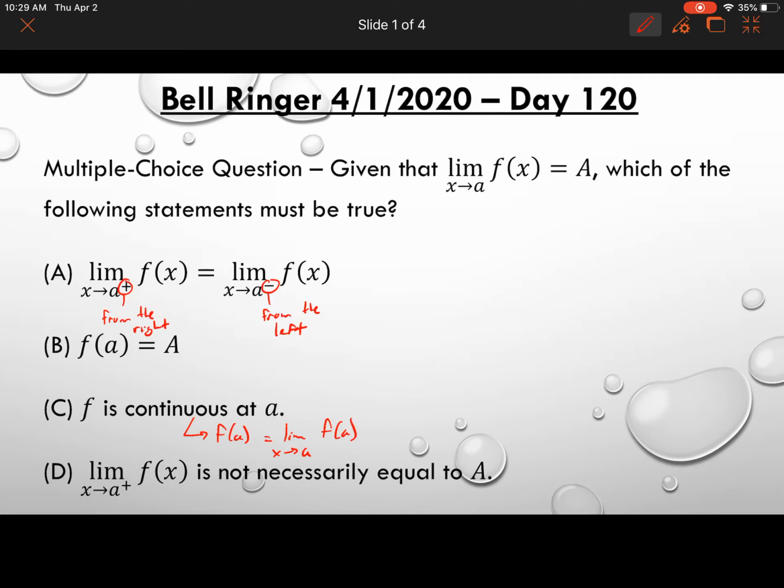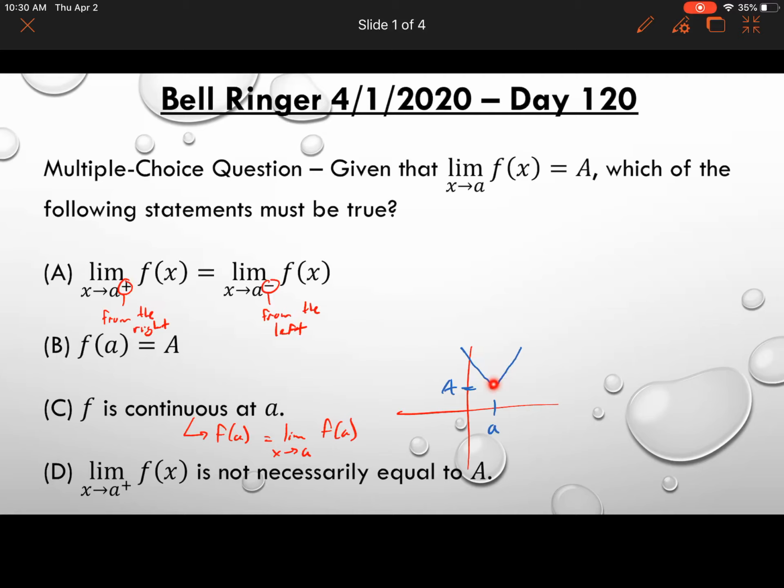Now, the easiest way to show that this doesn't have to be true is to draw a graph. So if I were to draw a really simple one, let's call that a. All right. And we'll say this is that capital A. So if we look at this graph, we'll see that f of a is a hole.